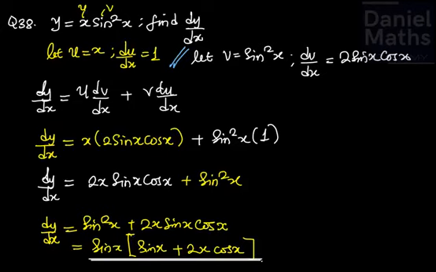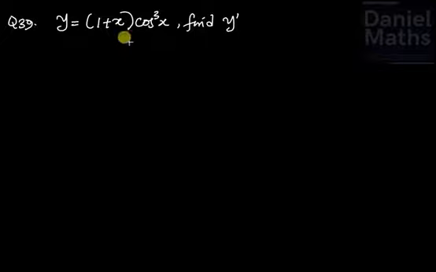Next problem. Right, so let's go to the next question, and for this, we apply the same method here. We present this as our u and this as our v.